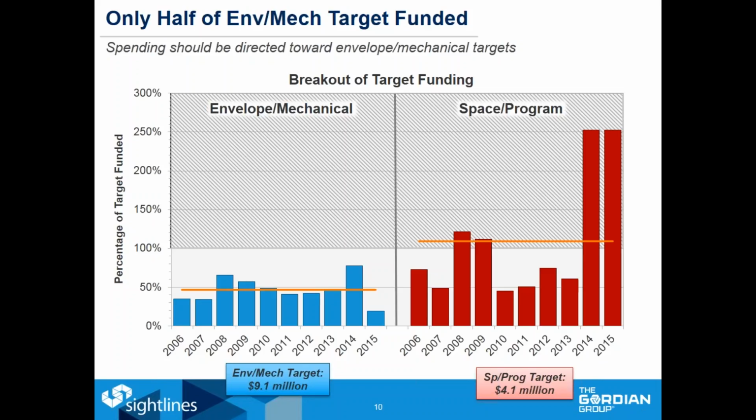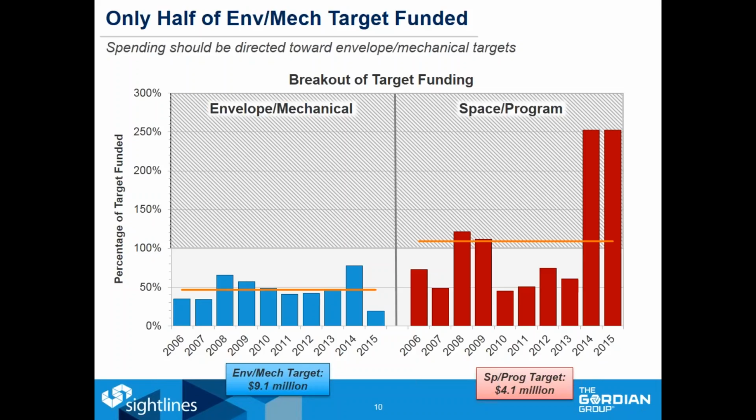So we have space data, capital data, and operations data from a facilities perspective for many of your institutions and can tie that back to the sustainability goal. This institution, we set up a target of how much would be the ideal amount of capital dollars that they were investing into their envelope and mechanical, which are your boilers, HVAC units, windows, etc., as opposed to how much they should be investing in their space and program on the right.